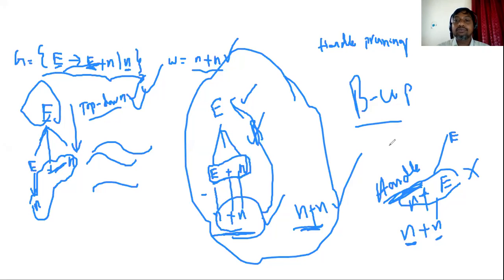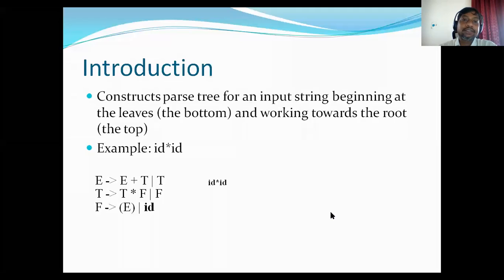Now we'll get into the actual content. So let me share my presentation. Bottom-up parsing constructs a parse tree from an input string beginning at the leaves and working towards the root, the top.